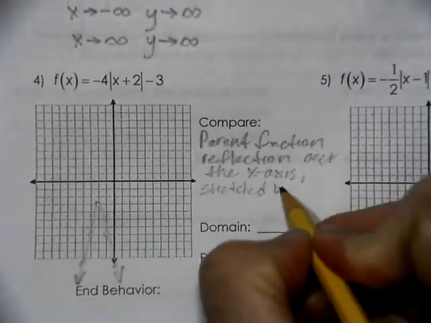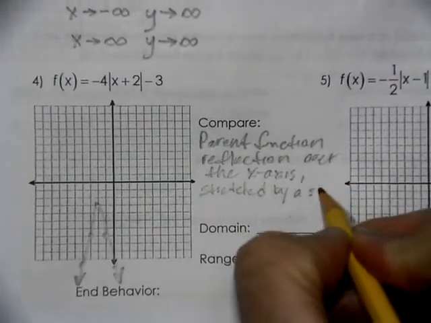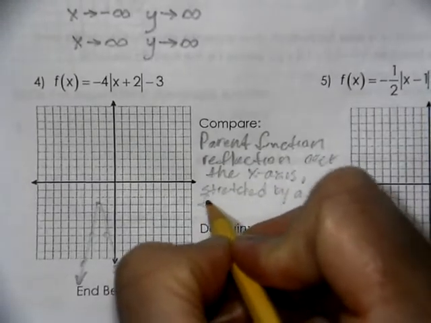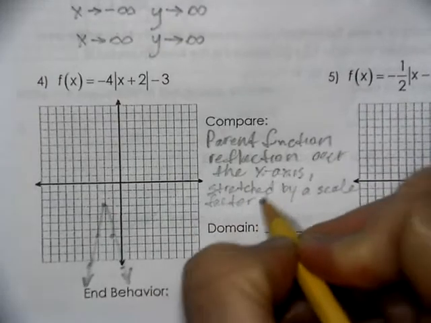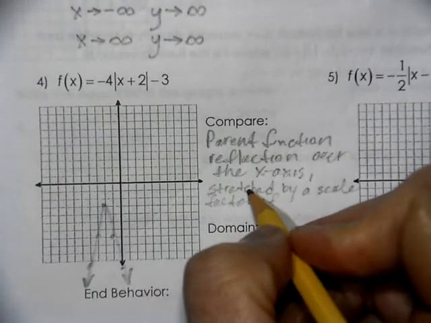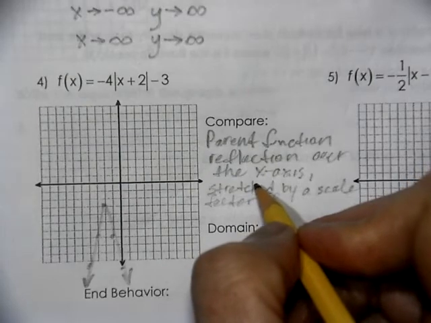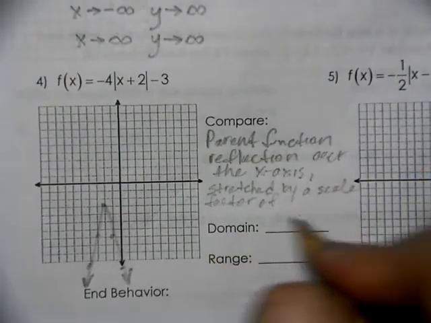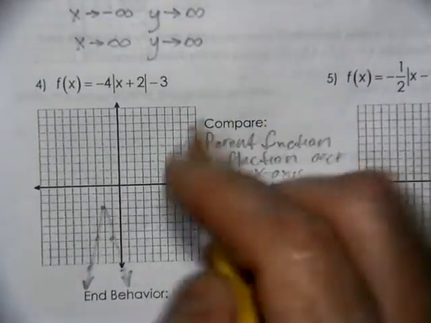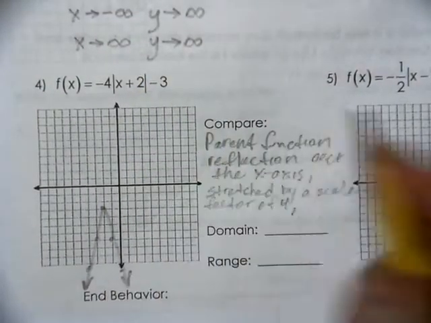It's stretched by a scale factor, we have a scale factor of 4 and translated 2 units left, 3 units down.